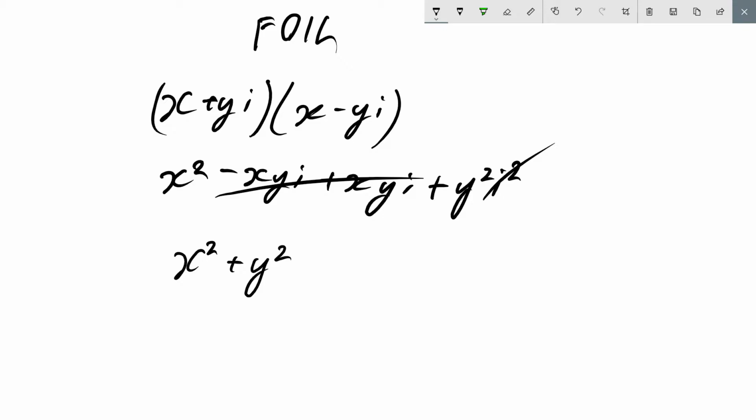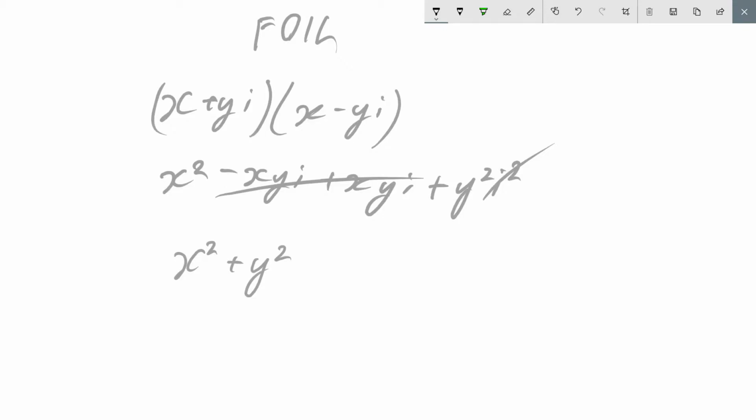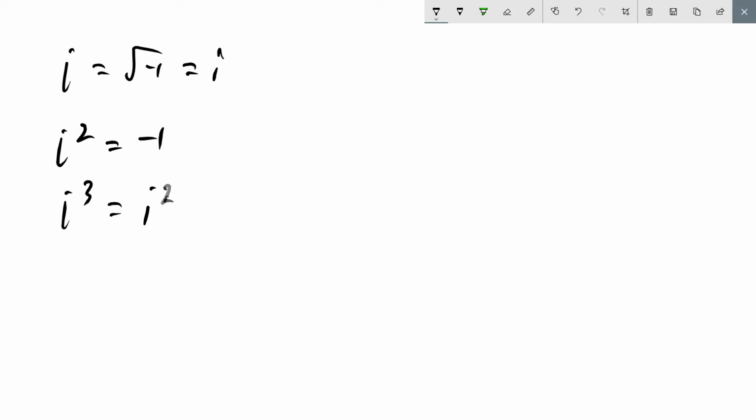So now let's look at higher powers of i. So i by itself is just going to be root negative 1, or just i. i squared is going to be just negative 1 based on the root here. So what's i cubed? Well, i cubed is going to be i squared times i again, and that will give us negative i.